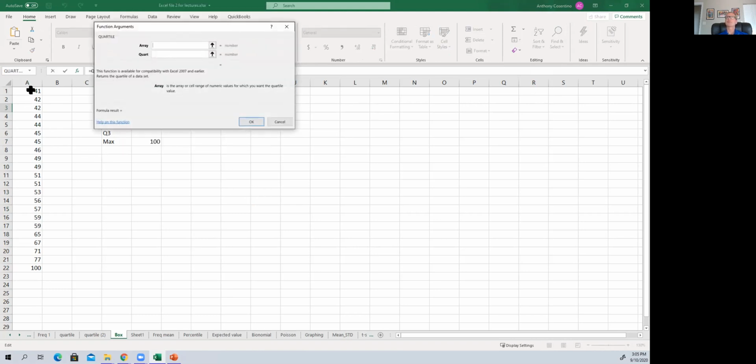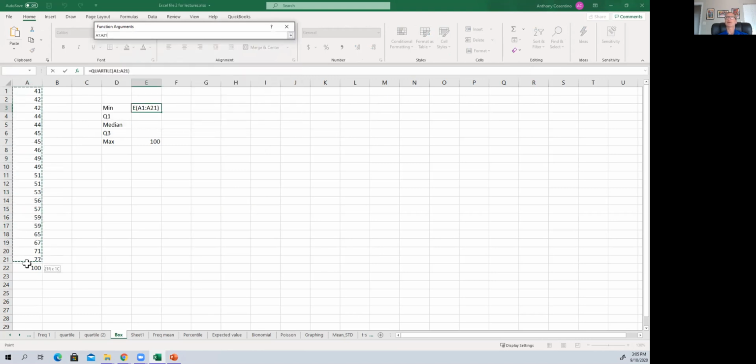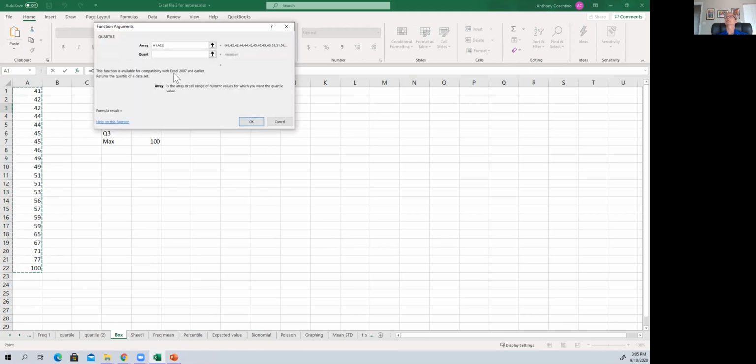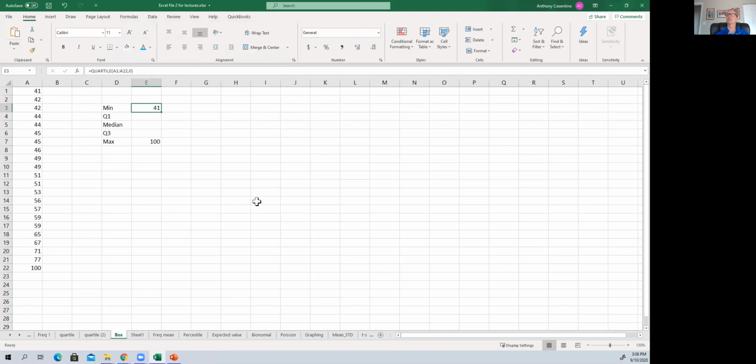Let me show you how to do the minimum, for example. You highlight the data set, and if you type in a 0 for the second one, you could see that you would get the minimum, which is 41.